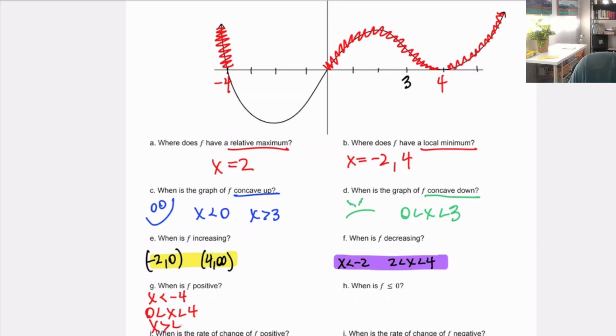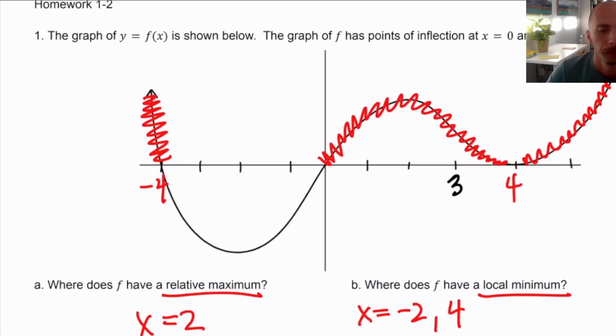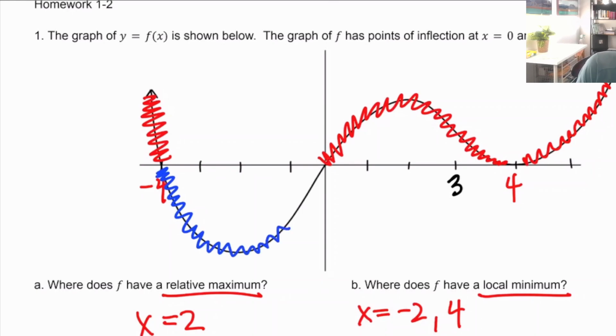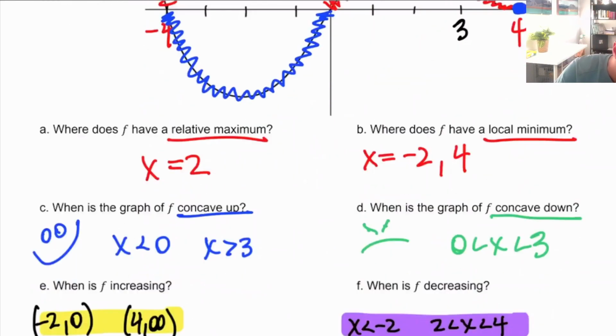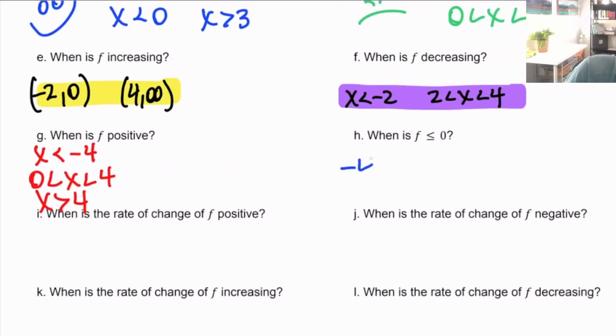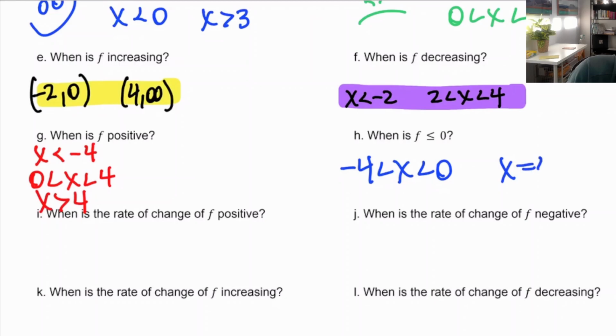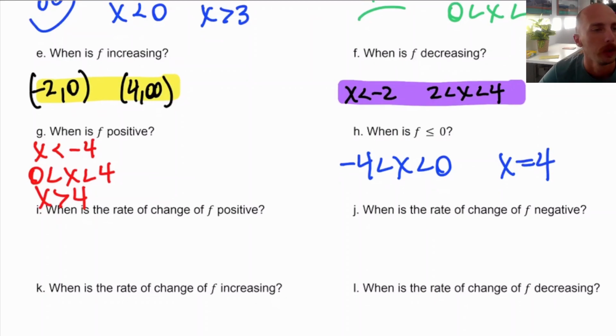And then x is greater than 4. As far as less than or equal to 0, it's just going to be through here, and then also right there, because it's going to be equal to 0. So I'd say x equals 4, and from -4 up to 0. So -4 to 0, and also at the point x equals 4.